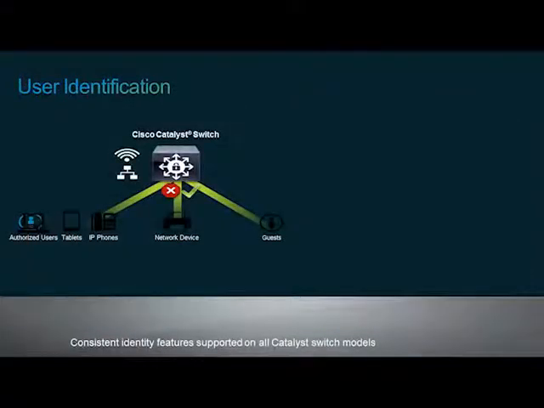If we look a bit closer at some of these examples, we can see some key benefits Cisco brings to a complete solution. In this example of user identification, Cisco Catalyst switches are leveraged to provide the challenge method to the attached device. You can see the authorized users with their varying devices, as well as infrastructure devices such as IP phones.